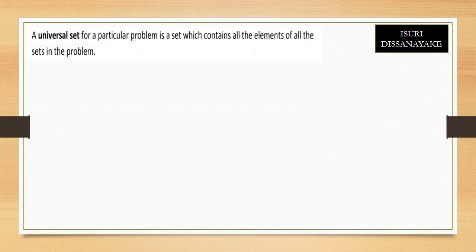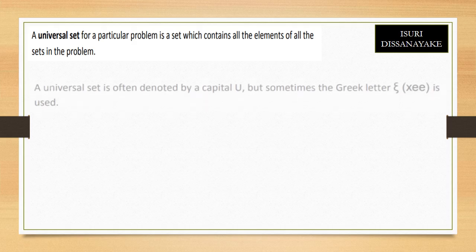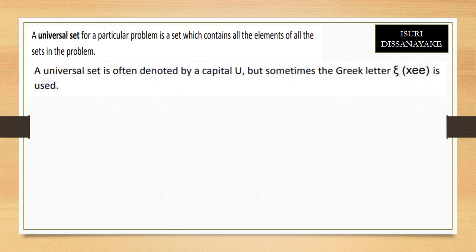Next, we are going to talk about the universal set. A universal set for a particular problem is a set which contains all the elements of all the sets in the problem. And we can denote the universal set by the capital letter U or this Greek letter over here.